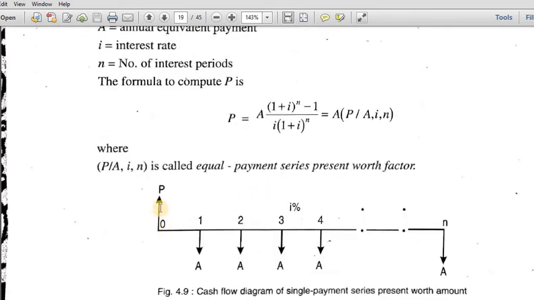So starting with P, how much amount should I pay now? For this one, the formula will change a little. P is equal to A into (1 plus I) to the power n minus 1, divided by I into (1 plus I) to the power n. Previously the formula was only up to this; now just the extra part is added. So the cash flow diagram for this one is this.